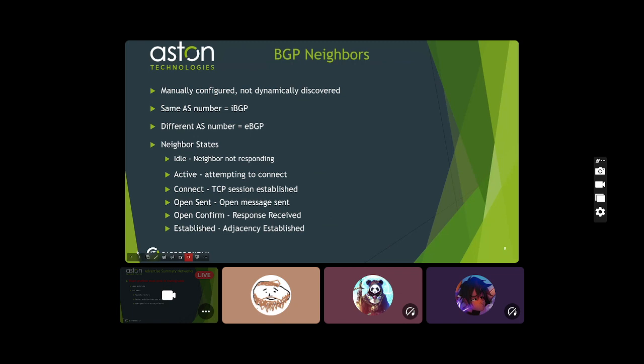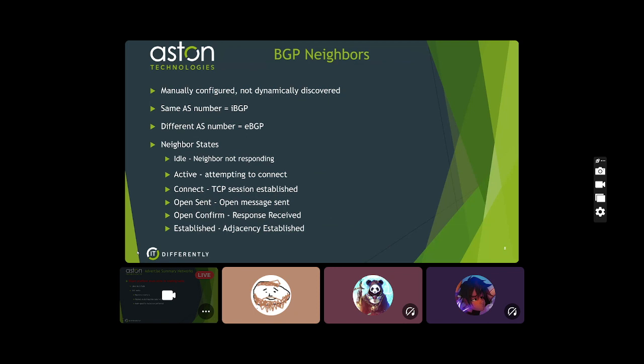All right, BGP neighbors. They are manually configured. They're not dynamically discovered. This is because BGP is our company interacting with another company. We do not want that to be automatically discovered.